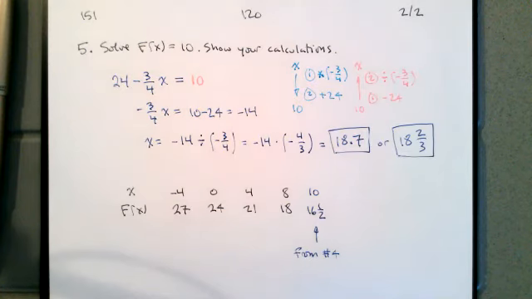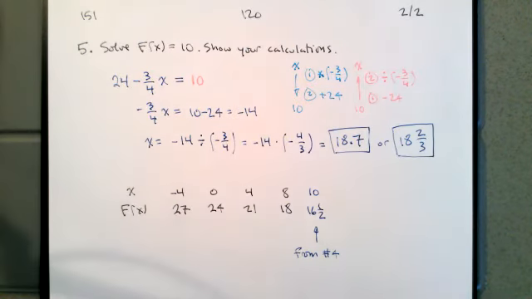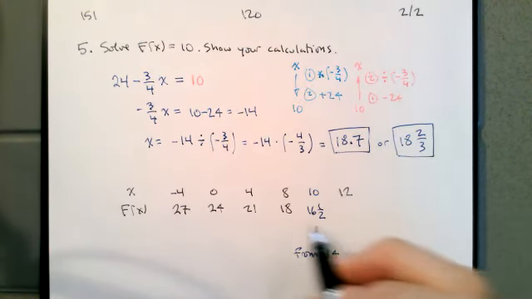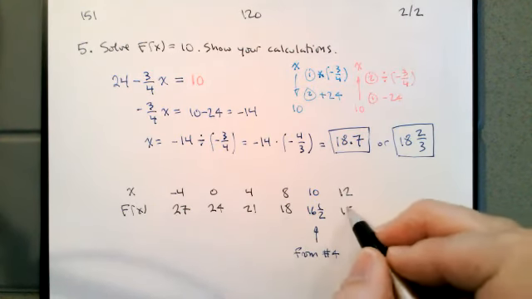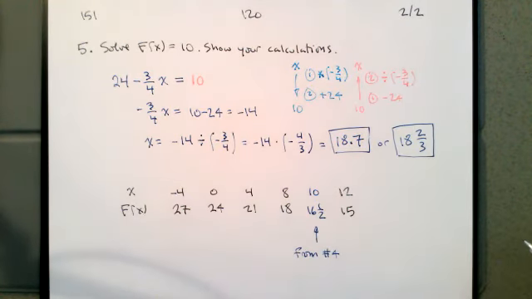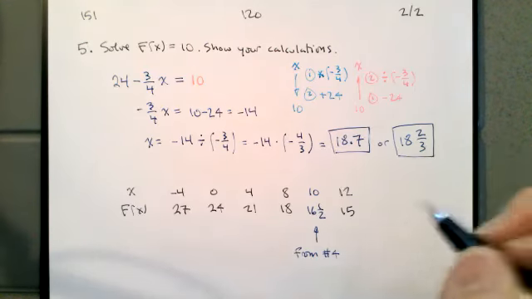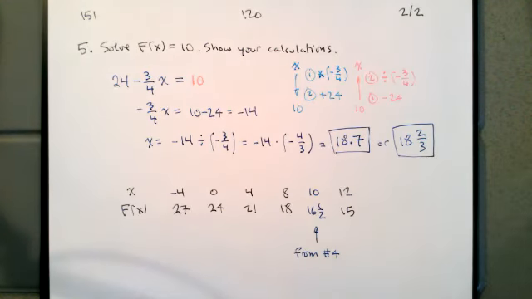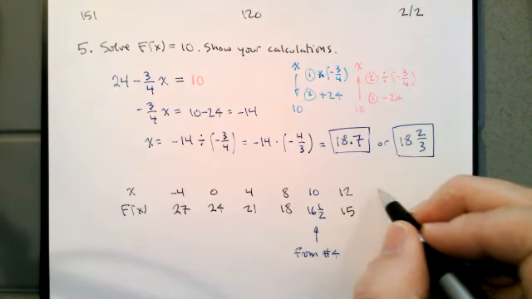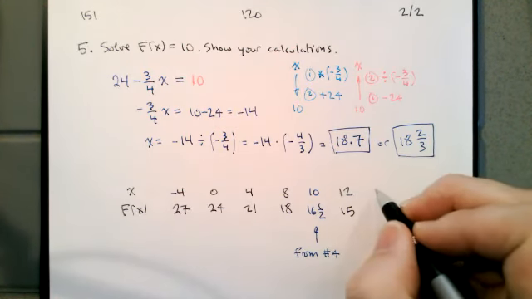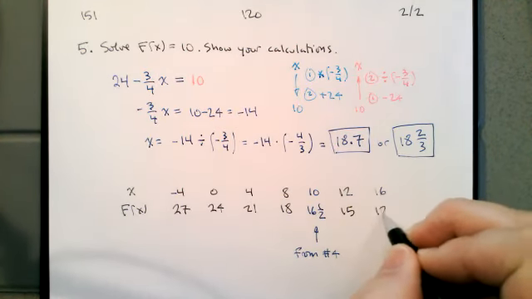Then we had 12 and we subtracted 3 again, 12, 15. And then we had this point when x is 18 and 2/3. Oh, I guess we had 16 and 12.